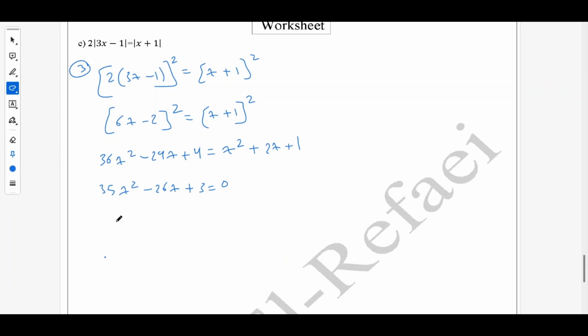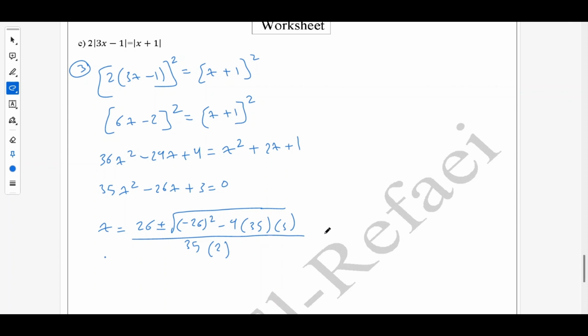Then I'm going to use the general formula. x equals 26 plus or minus the square root of negative 26 squared minus 4 by 35 by 3, over 35 by 2.